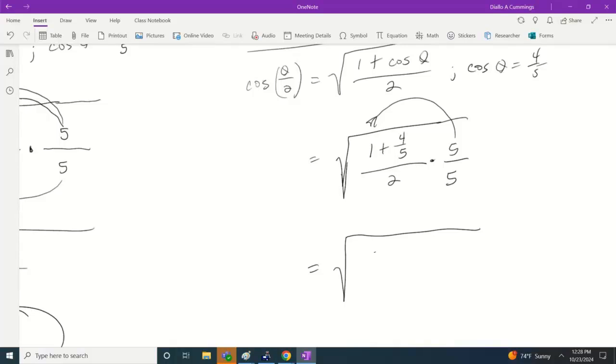I distribute 5. 1 times 5 is 5. I distribute 5 times 4/5, which should give us 4. I distribute 5 in the bottom, and that's 10.